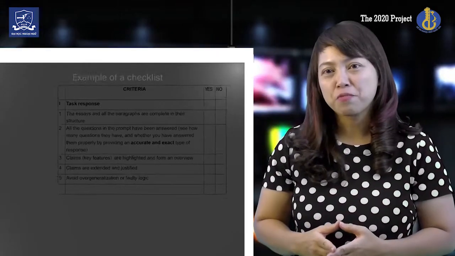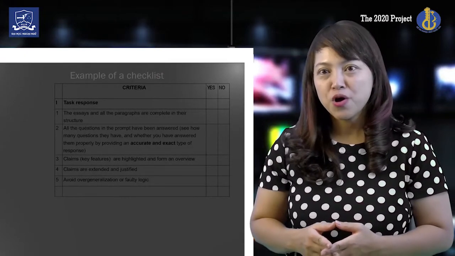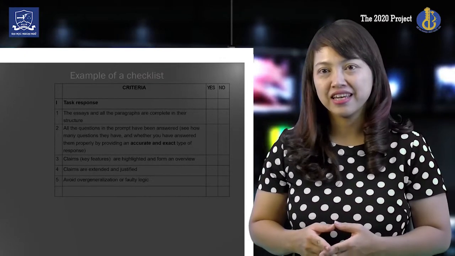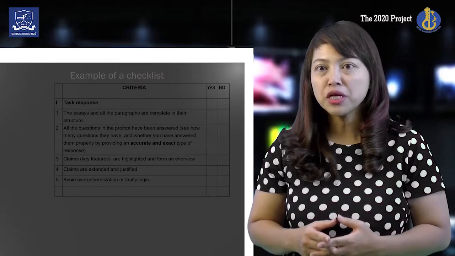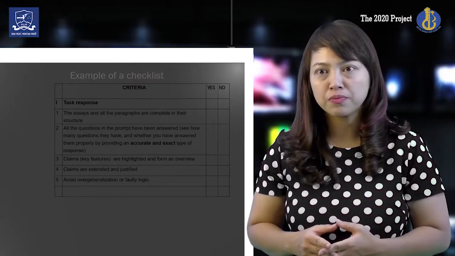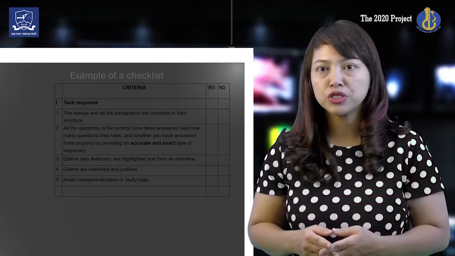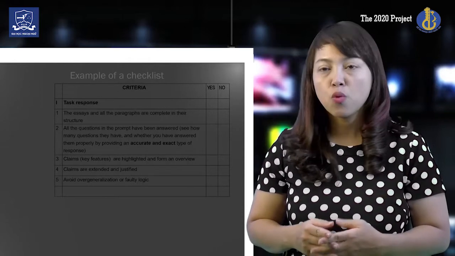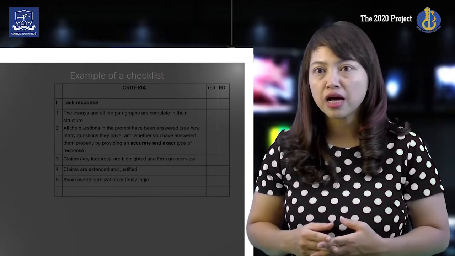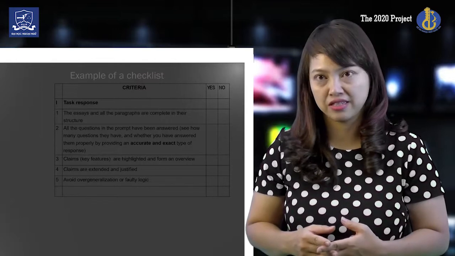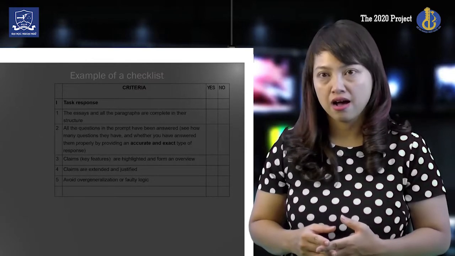This is one example of a checklist for students who aim to reach Band 7 in IELTS writing. The major category named Task Response has been broken down into a number of standards, which means the criteria accompanied by performance levels. The standards are: 1.